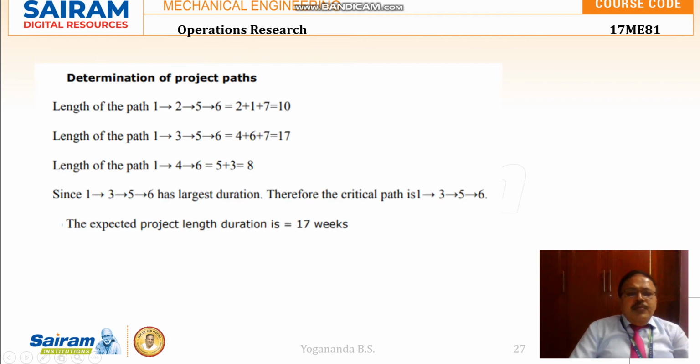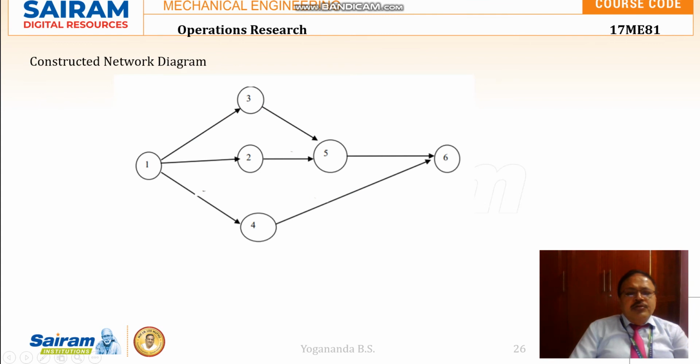So all the possible project paths will be shown with the expected time of completion. So we have three paths here: 1 to 2, 2 to 5, 5 to 6, then 1 to 3, 3 to 5, 5 to 6, then the third one is 1 to 4, 4 to 6.